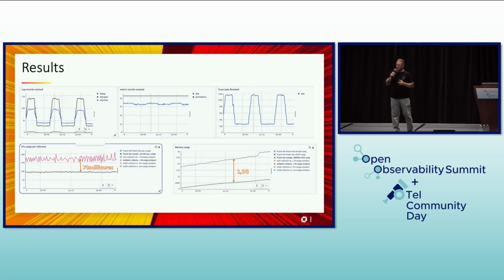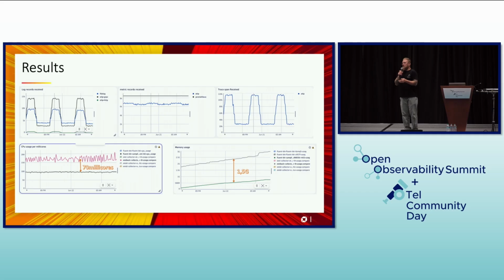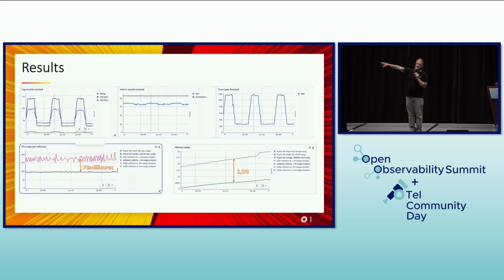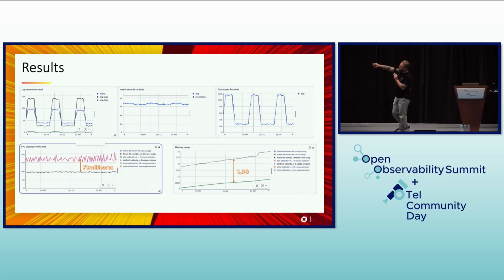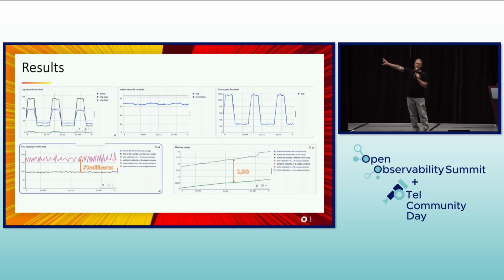And when you start using tail sampling, Fluent Bit, remember, it consumes about 20 megs. Here, we're reaching almost 800 megs to 1.2 gigs. So sampling is very, very expensive. And if you compare it to the collector, we have about a 1.5 gig difference.